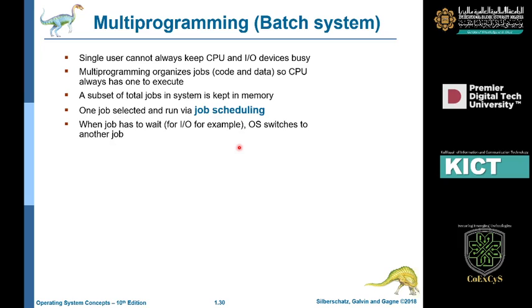The operating system is basically a multi-programming system, right? A single user cannot always keep the CPU and I/O devices busy. So the idea of multi-programming is used, which allows us to organize jobs, code, and data so that the CPU always has one to execute, right?